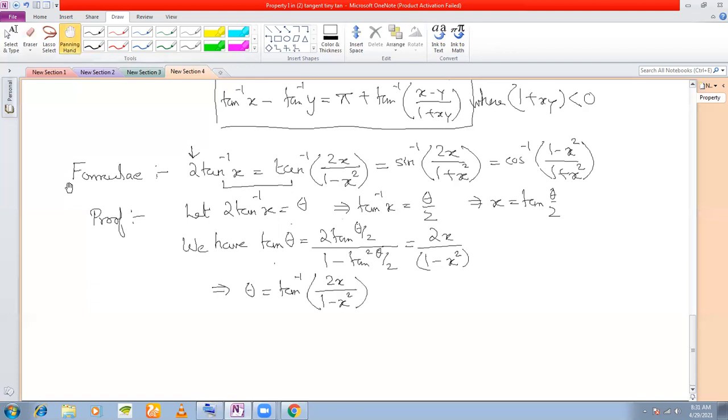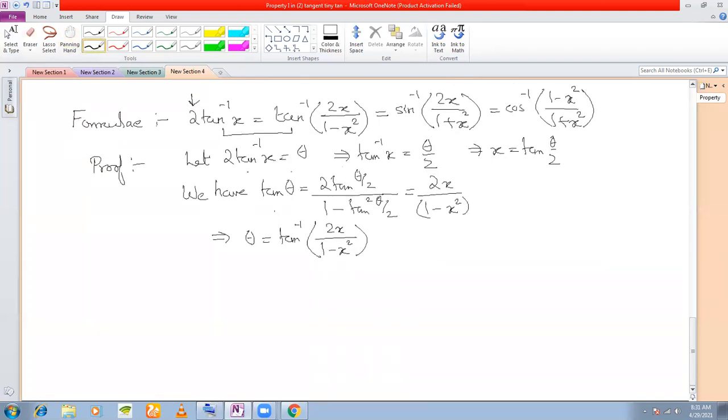So if you see here, I started with let theta is equal to 2 tan inverse x and I got theta is equal to this. Hence theta is equal to 2 tan inverse x is equal to tan inverse 2x by 1 minus x square. So I have finished the first part of the proof, right?